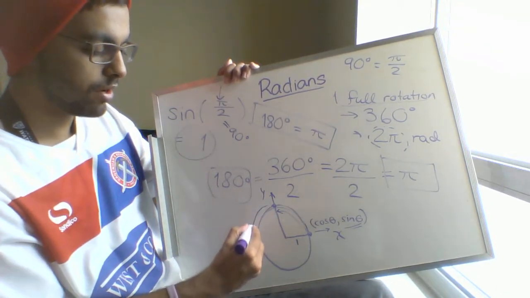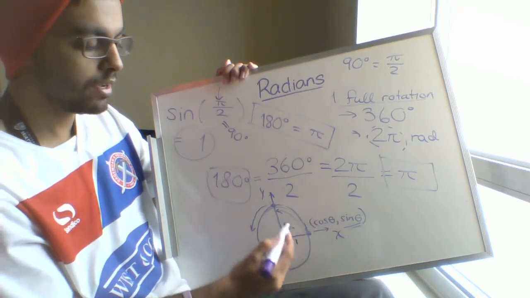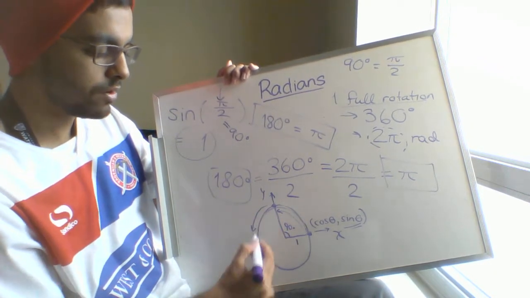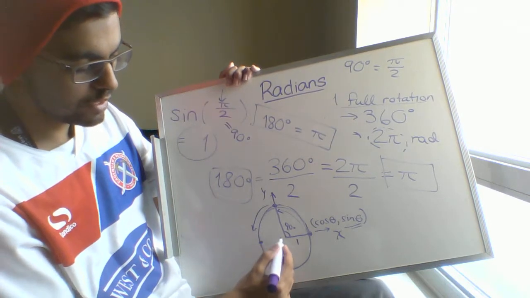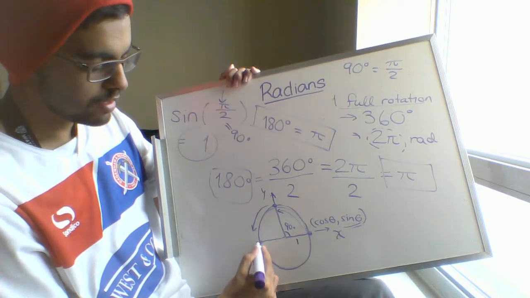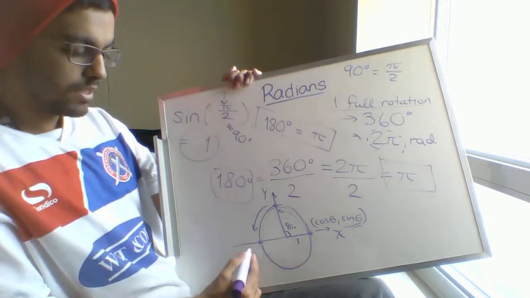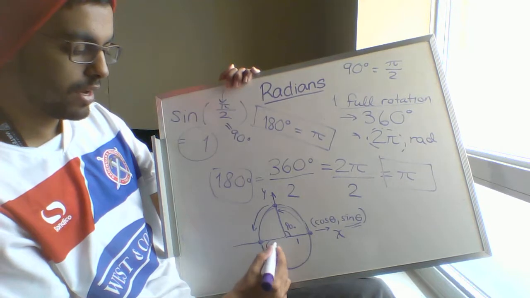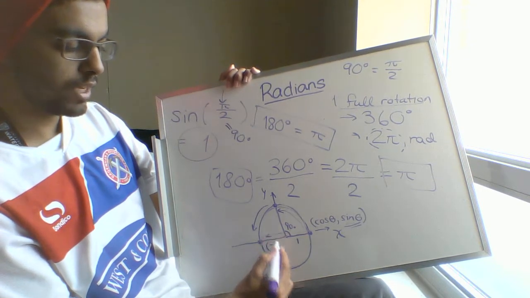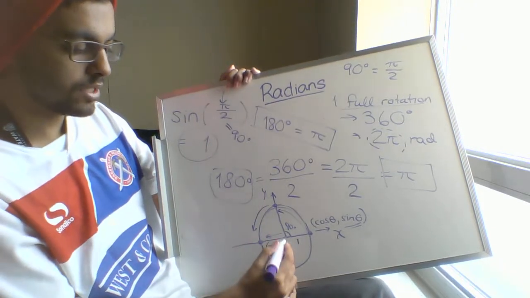Here sine of 90 degrees is 1, and cosine of 90 degrees is 0. If you rotate all the way to 180 degrees, then once again your point is on the x-axis, which means your coordinates are -1, because you're moving in the negative x direction, and then you're on the axis, so there's nothing in the y direction.